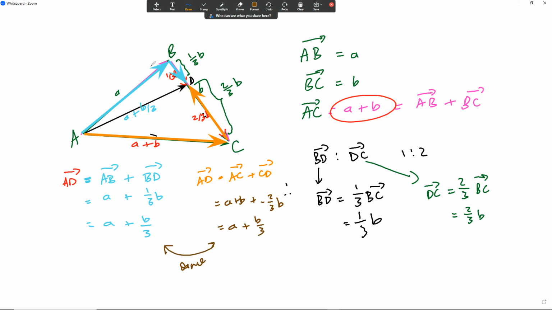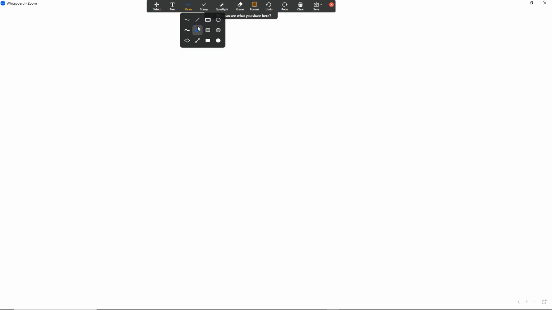So whether you go that way or that way, you still end up with the same resultant vector.